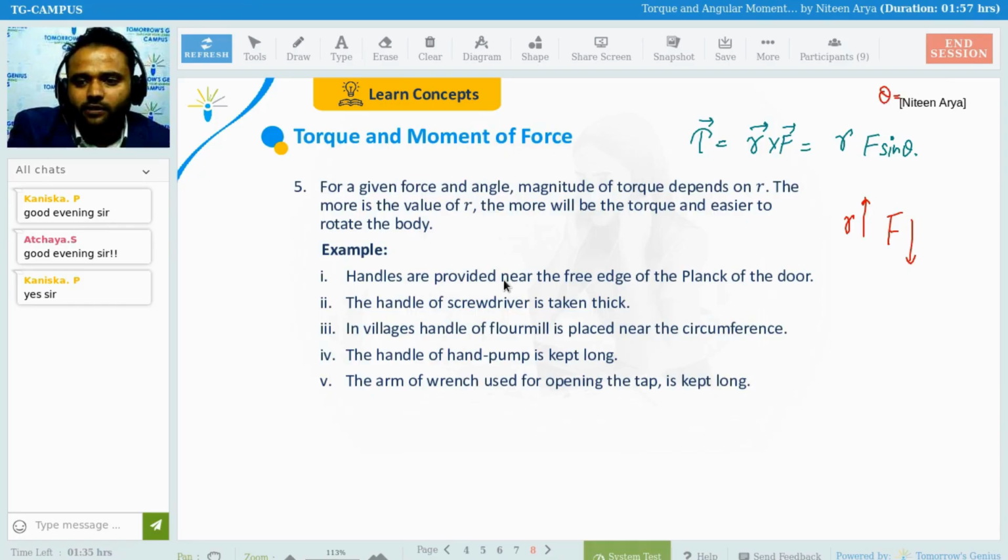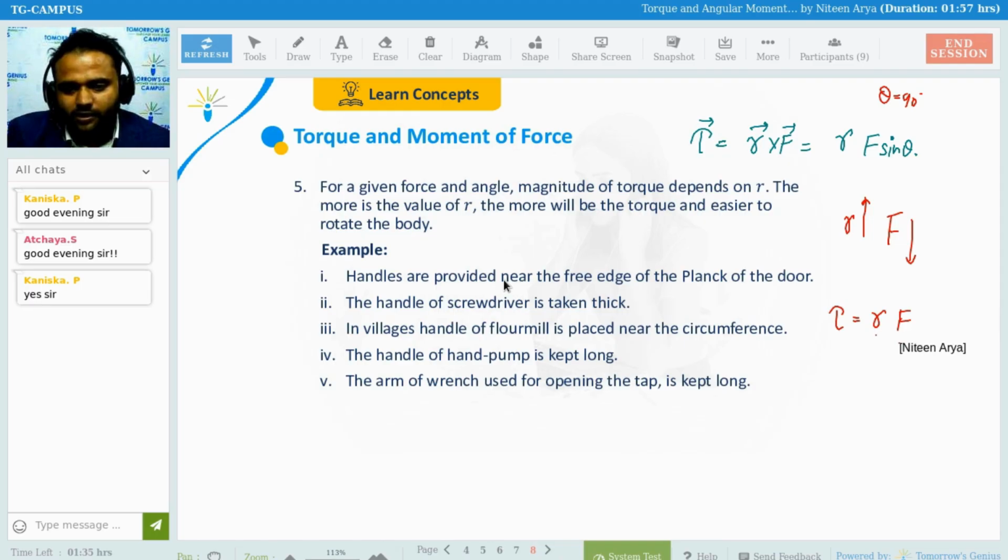If the angle is 90 degrees, only then the magnitude of torque remains, that is perpendicular distance r into F. We make r as large as possible to easily open or close the door. That is why the handle is not attached near the hinge, near the axis of rotation of a door. Clear?